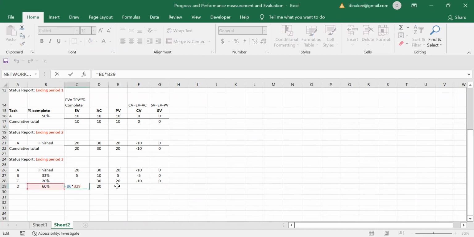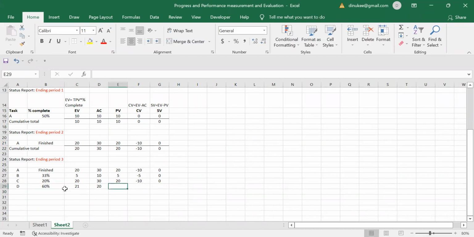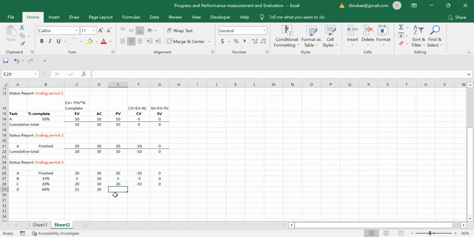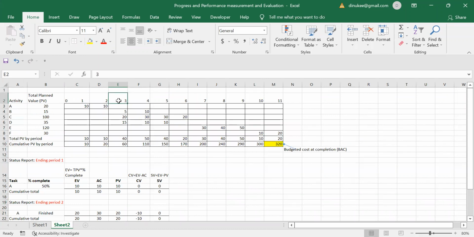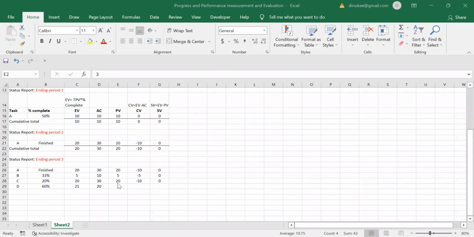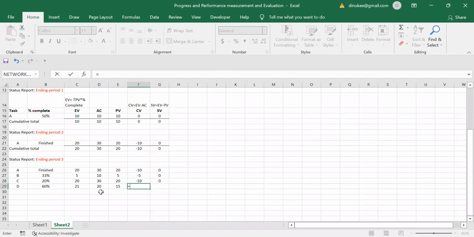At the end of period 3, we have to see what the planned value is for the D activity. So at the end of period 3 means this. For the D activity, what is the planned value? It is 15. Very good, so it should be 15 here. And the cost variance is earned value minus actual cost. It should be plus 1.